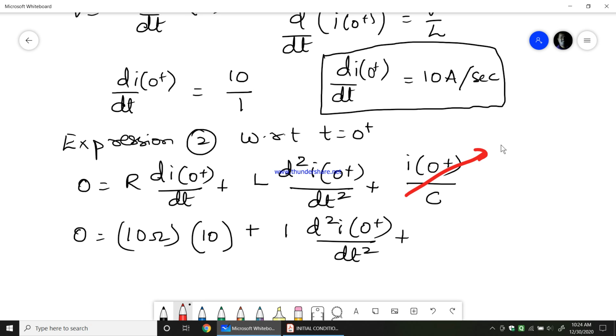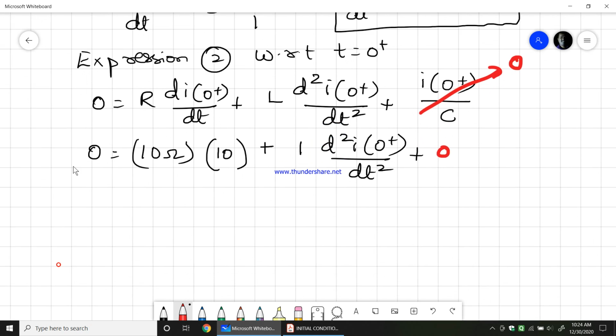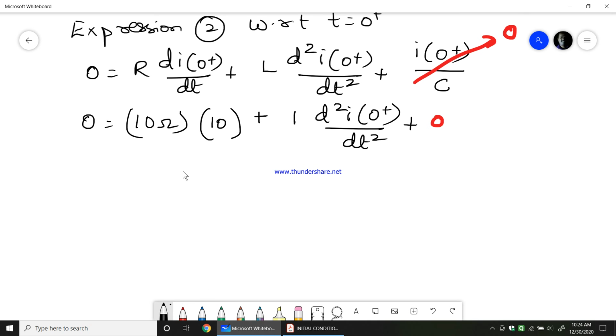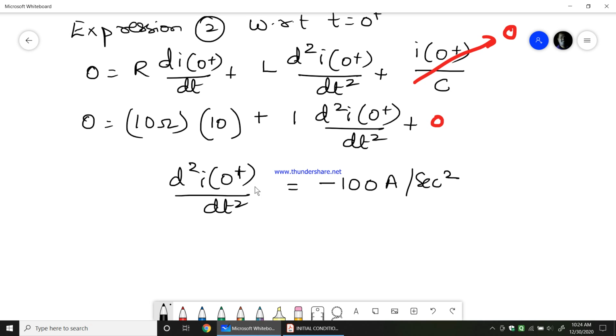Therefore, this whole term becomes 0. So, finally, d squared I(0+)/dt squared would be equal to 10 into 10, which is 100. When it goes to the left hand side, it becomes minus 100 amps per second squared.